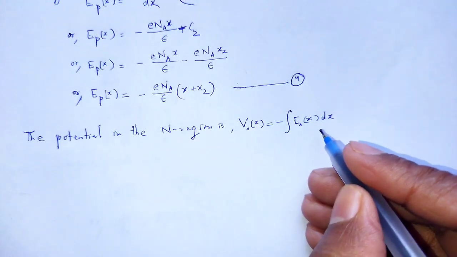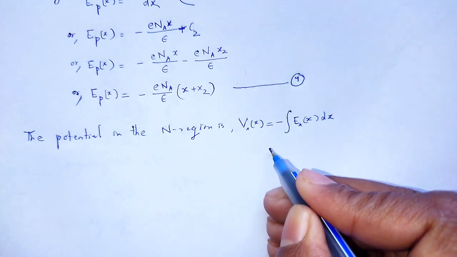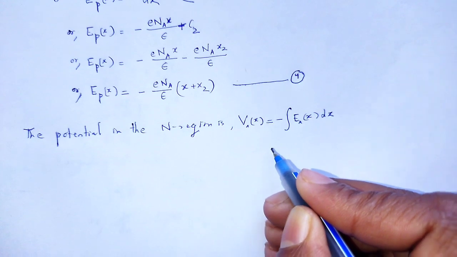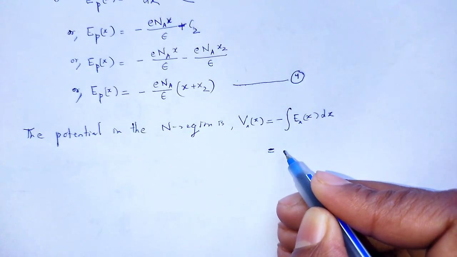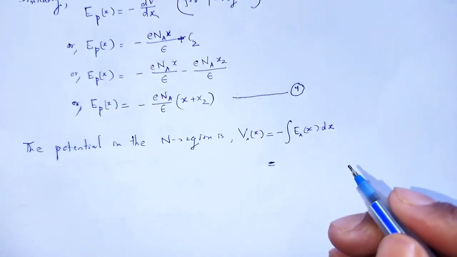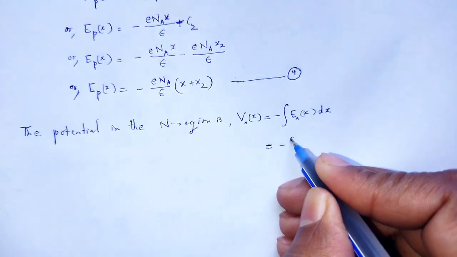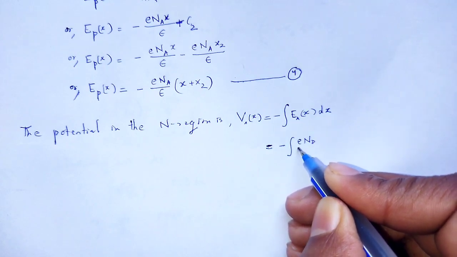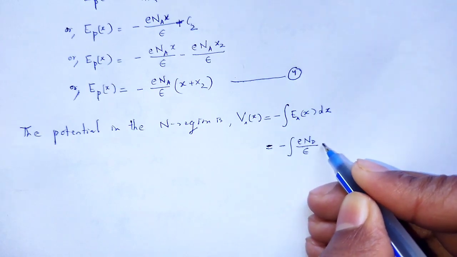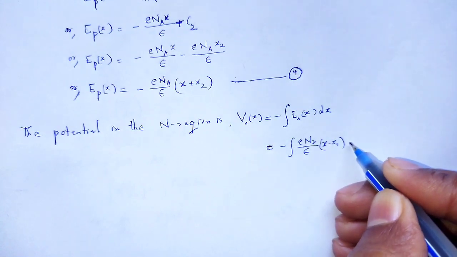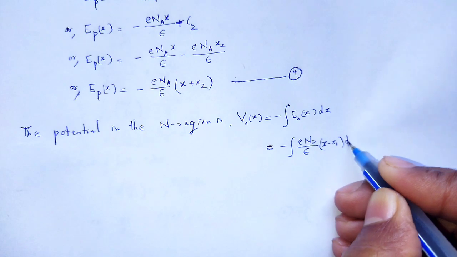The value of E n of x is put for n region. V n of x is equal to minus integration over q N d divided by epsilon, x minus x1, dx.